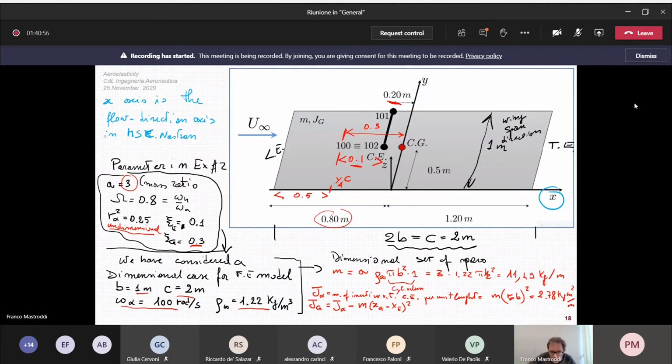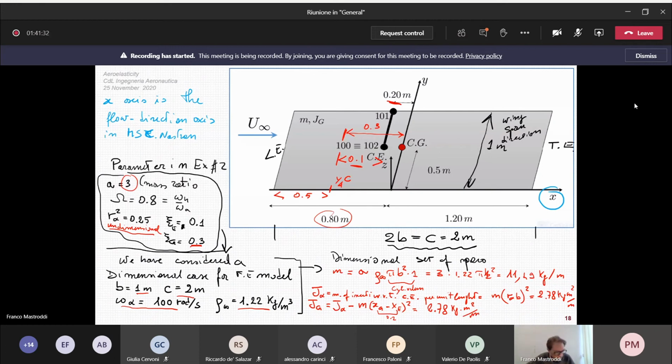The distance between the center of gravity and the elastic center is 0.2. Then you can use the previous quantities for evaluating your principal moment of inertia with respect to the elastic center, which is 2.78 kilogram square meter per meter.